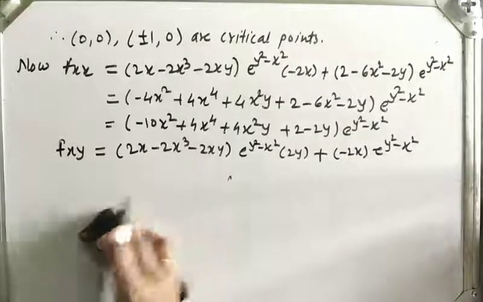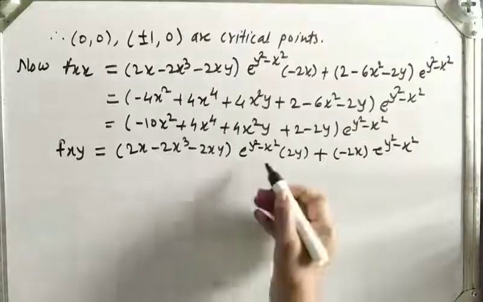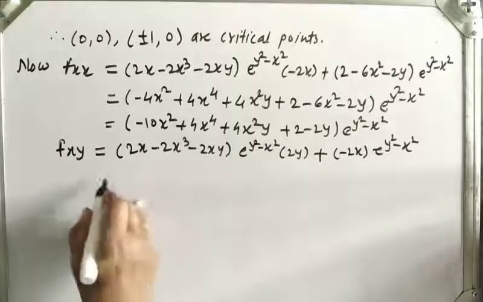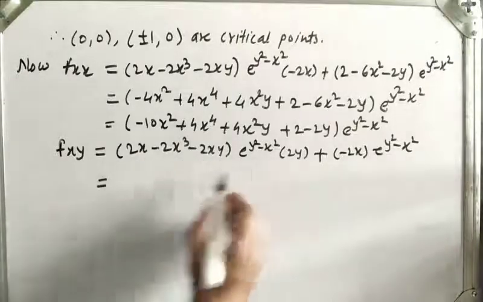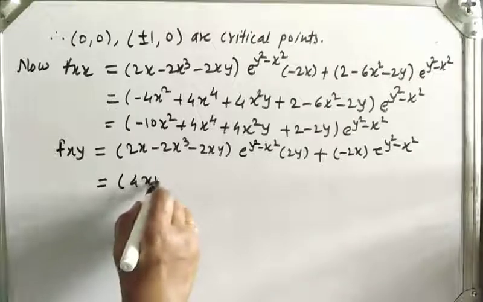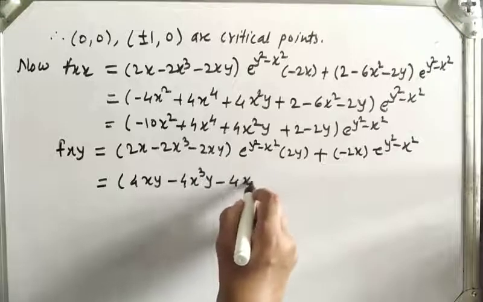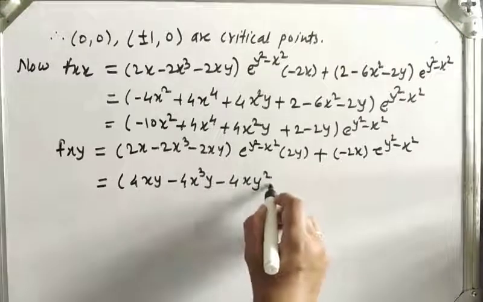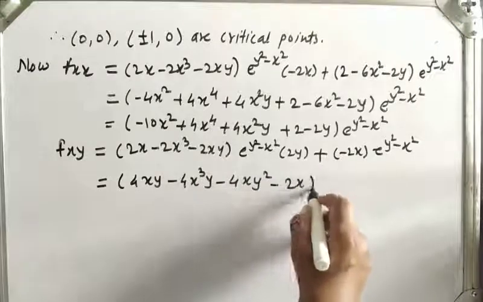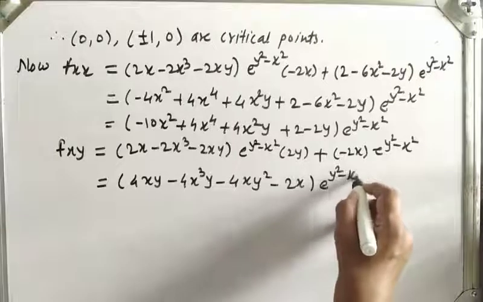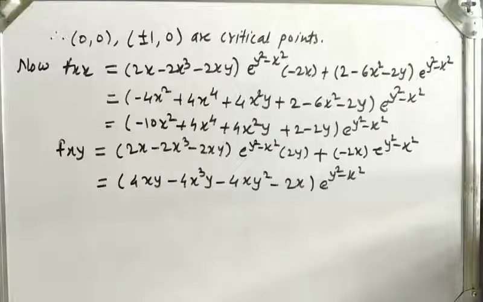Now let us simplify it. Take e^(y² − x²) common and multiply this bracket by 2y. That will be (4xy − 4x³y − 4xy² − 2x) e^(y² − x²). Okay, this is our fxy.